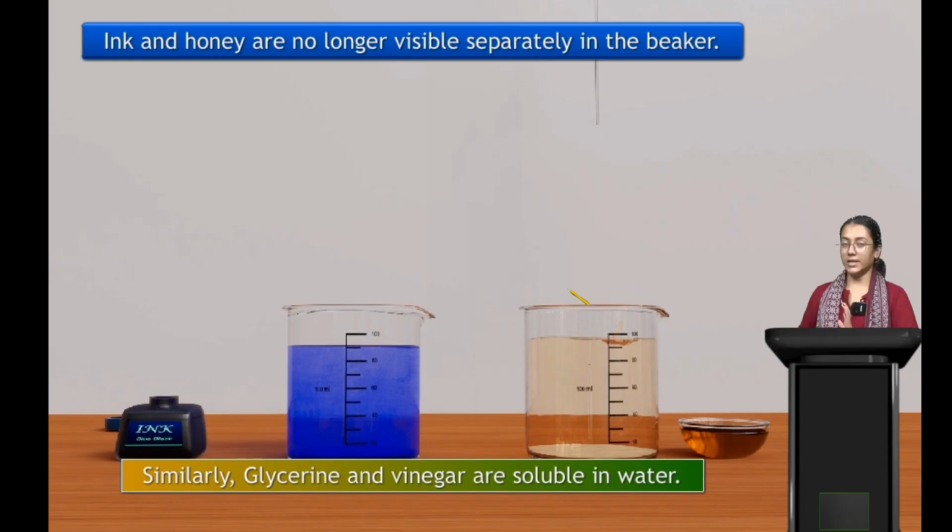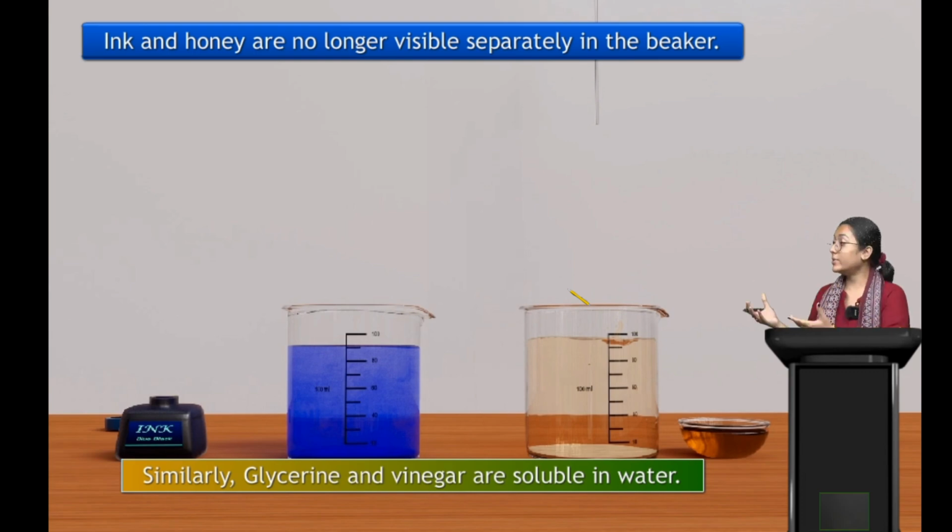Clear, everyone? Similarly, if we try to dissolve glycerin and vinegar, they will also show this kind of property. They will also get dissolved in the water. So from this we can say that all these things, ink, honey, glycerin, vinegar, are soluble in water.